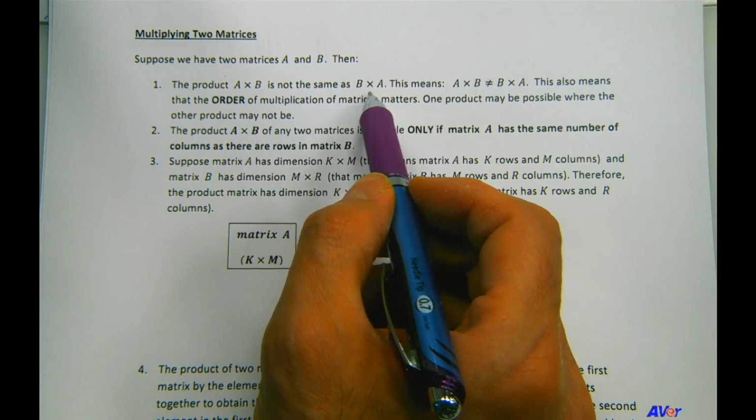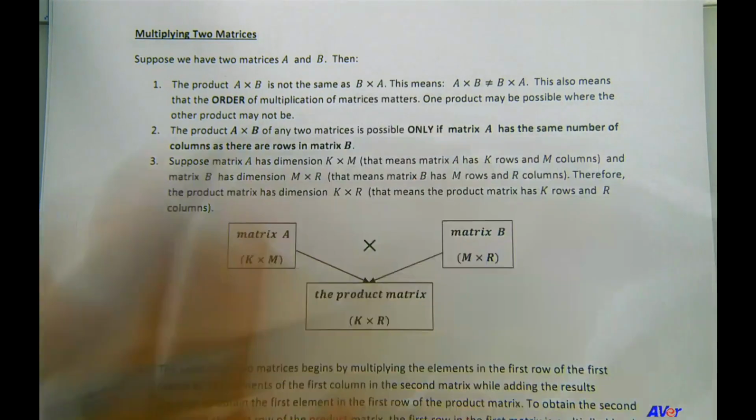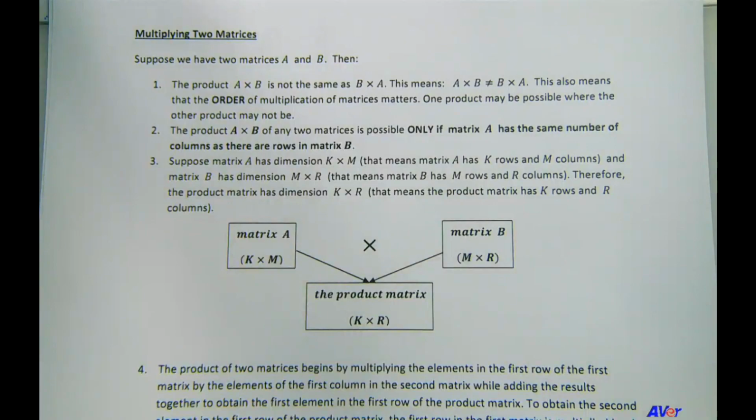There are special cases, but we're not going to look at those very few special cases, such as multiplying a matrix by the identity matrix. The order doesn't matter in that case, but that's a special case, and in this course we're not going to look at that.